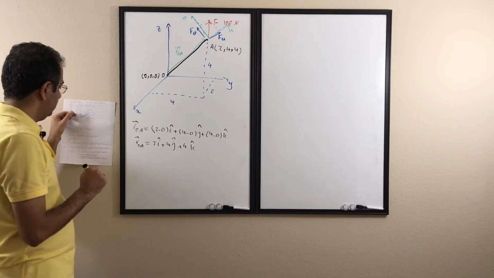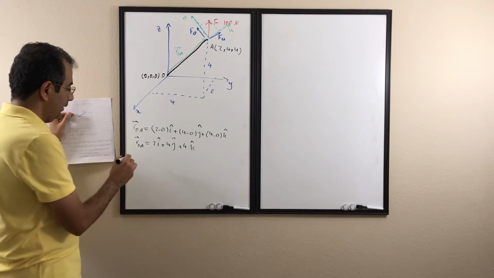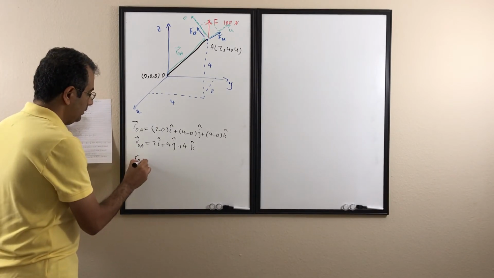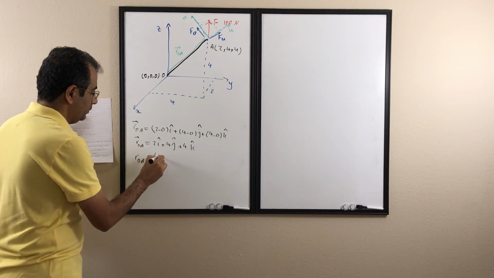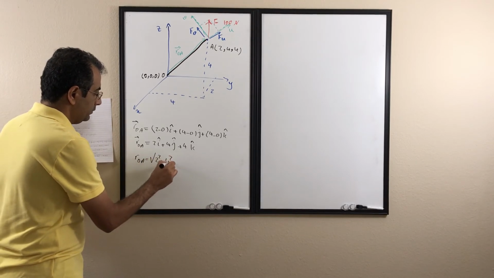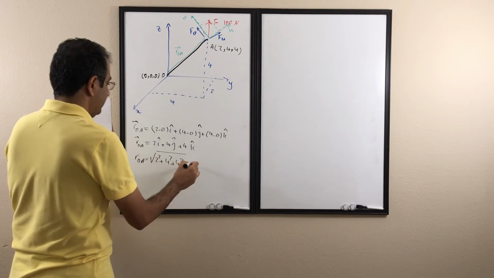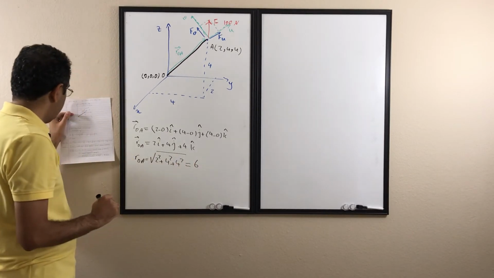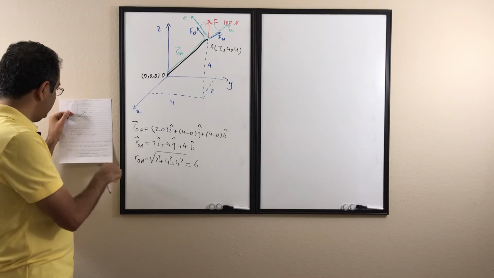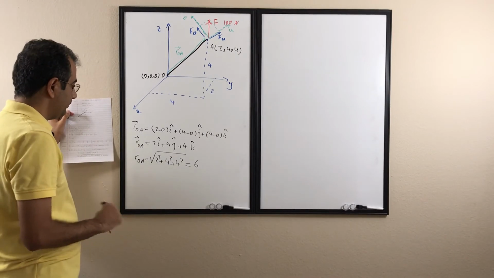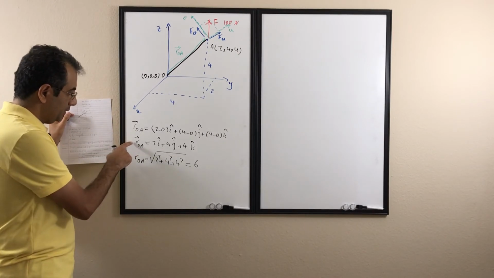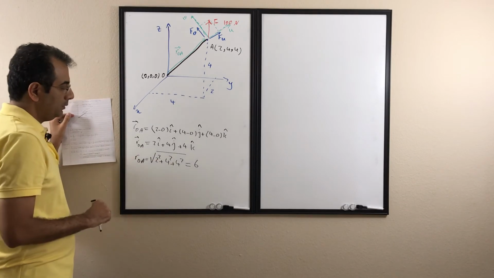Its magnitude is the square root of 2 squared plus 4 squared plus 4 squared, which is 6. That's the position vector and its magnitude.